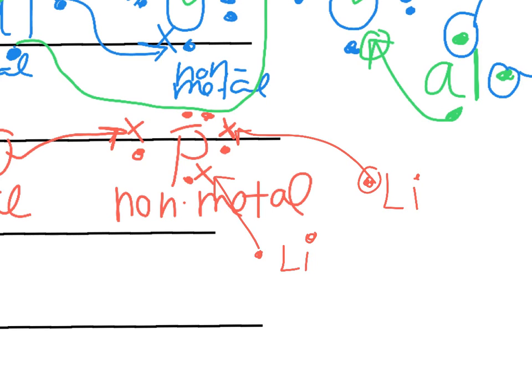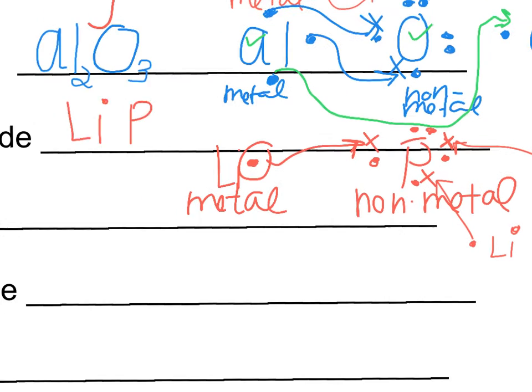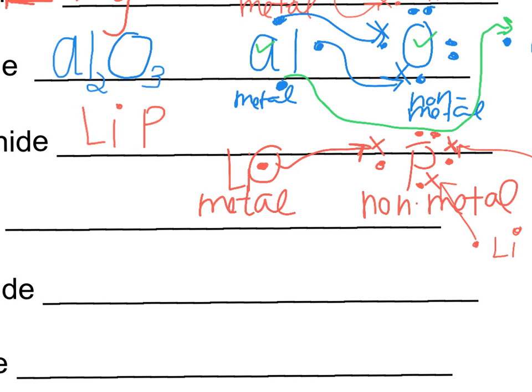Which means, oopsie, our formula will be Li3 phosphorus 1 because we needed the 1 electron of 2 other lithiums to fill the valence shell of phosphorus. So let's zoom out.